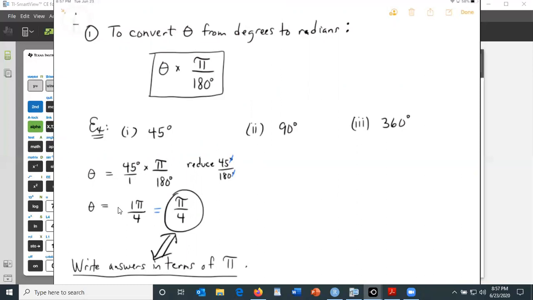Write your answer in terms of pi. That just means keep pi in your answer. Don't change it to 3.14. Leave it as the symbol pi. So pi over 4 is really pi over 4 radians. But the thing with radians, we don't actually write radians. We don't even write RAD. It's weird because with degrees, we put the degree symbol, but with radians, we put nothing. So really, we just write pi over 4.